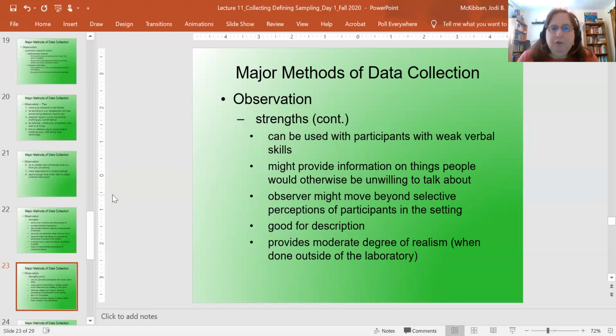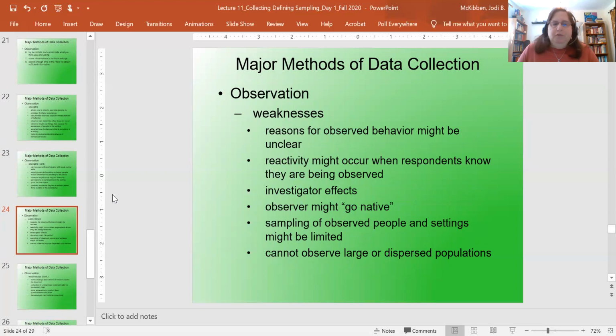The observer might move beyond selective perceptions of participants in the setting. It can be good for description, and it provides a moderate degree of realism when done outside of the laboratory. So you get something we'll talk about later, which is called external validity, which basically means that we're likely to potentially have some good generalization if we have done our job right in terms of the way we've done our observation.